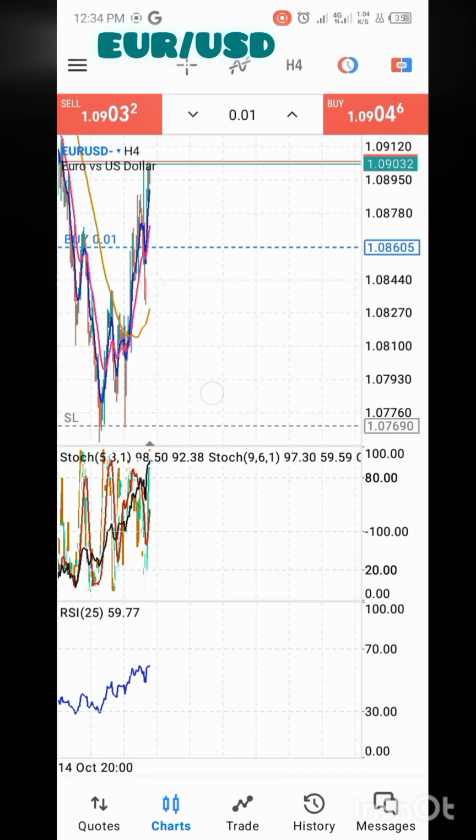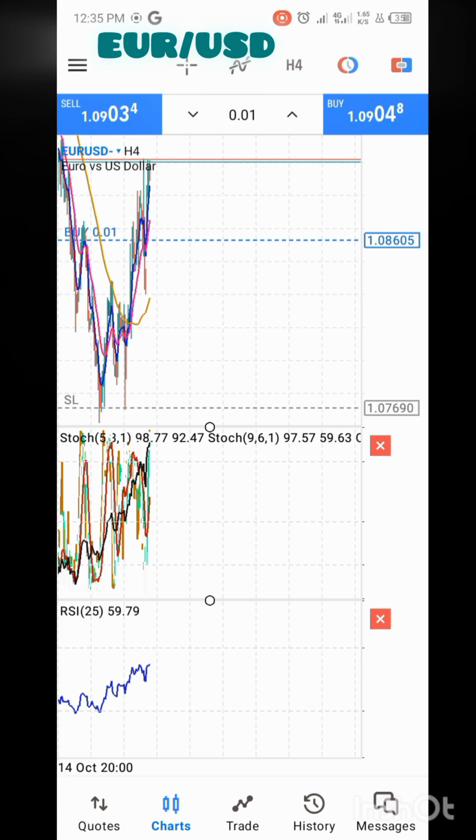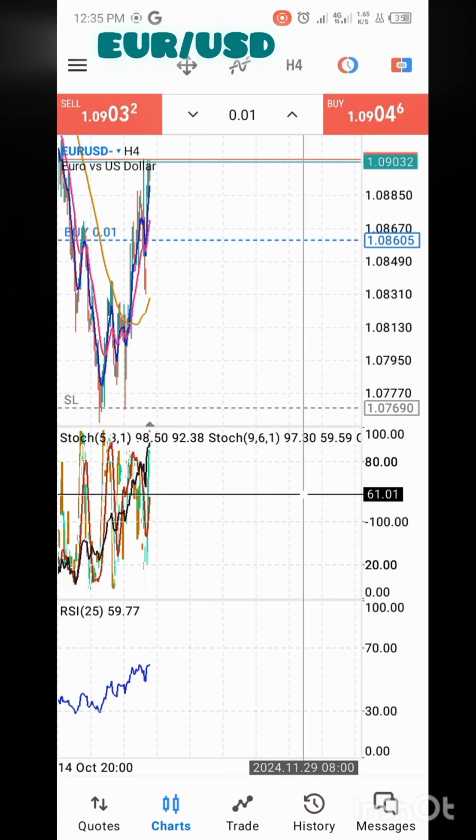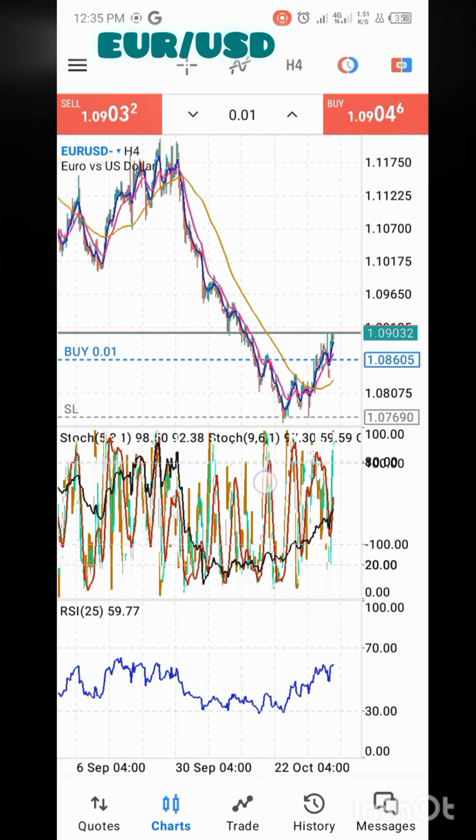And you can see that there is actually a great imbalance, which is going to fill. It's going to fill this point, to fill it back to this extent. So if you have a reasonable amount in your account, you can equally decide to buy this and follow the trend. You can equally decide to buy it while it's still early.